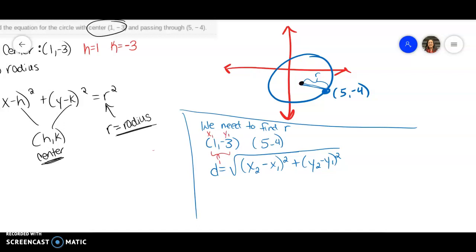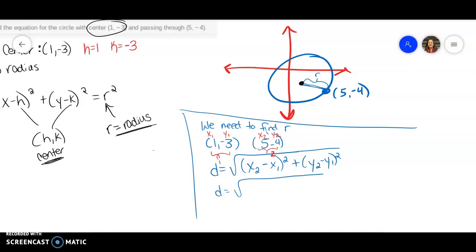That's a big thing that I see students do all the time: they mix up that x and that y, and then they mix up point 1 with point 2, and then your numbers just don't come out the way we want them to. So I'm going to let this be my point number 2. That means this would be x sub 2, and this would be y sub 2. And from there, we take what we have and we plug it into that formula.